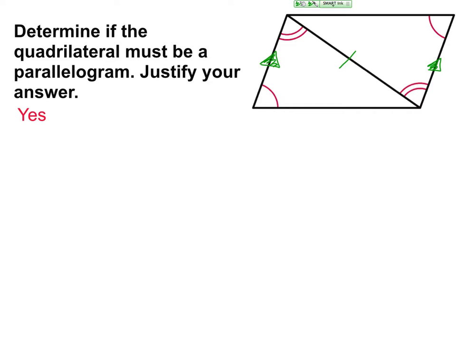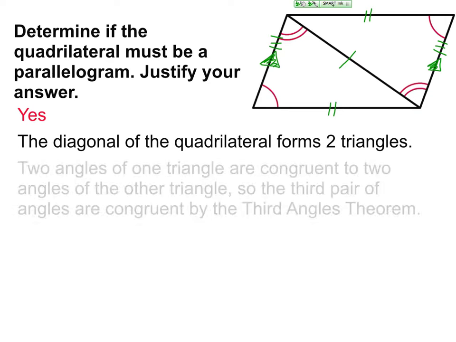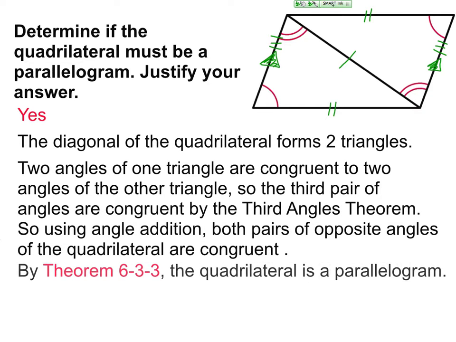So once those triangles are congruent, then we can use all kinds of CPCTCs. So we could get this side congruent to this one, and this side congruent to this one. So I could use, is it 6.3.2? Both pair of opposite sides congruent. Okay, kind of tricked myself there for a little while. So we had to really think into that one in order to get them congruent. Okay, and to get it to be a parallelogram. Okay, that one makes sense after we talked about it?